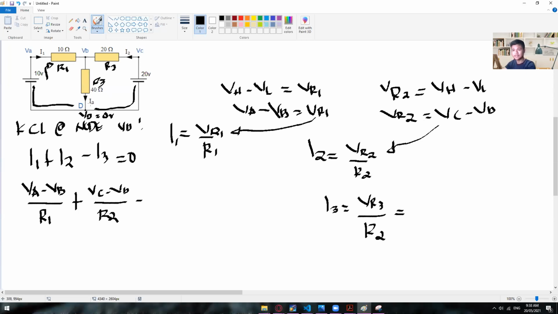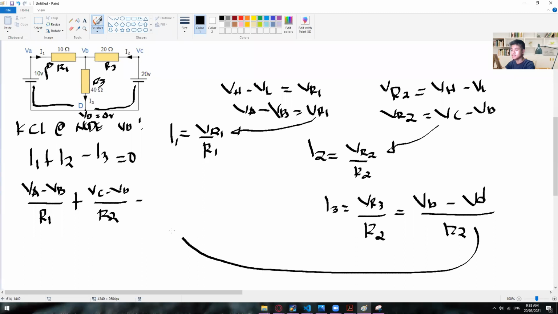We already know that VB is 0, so VB is our higher potential voltage. So VB minus VD, which is actually 0, divided by R2. And you can now substitute this one in here.